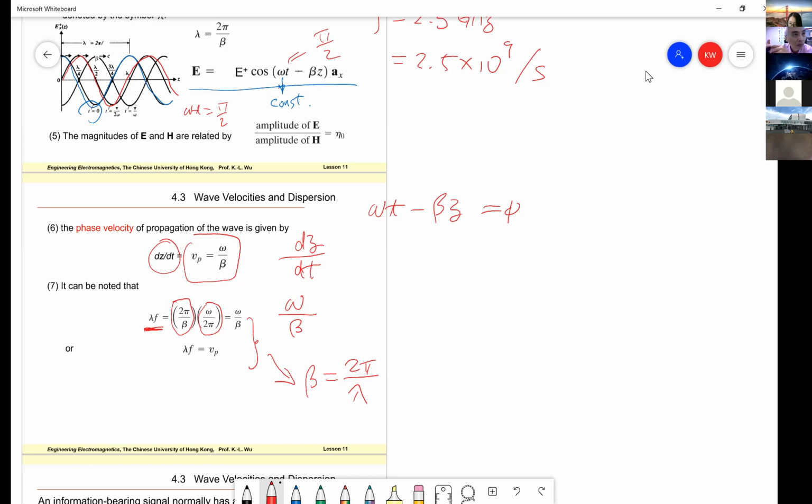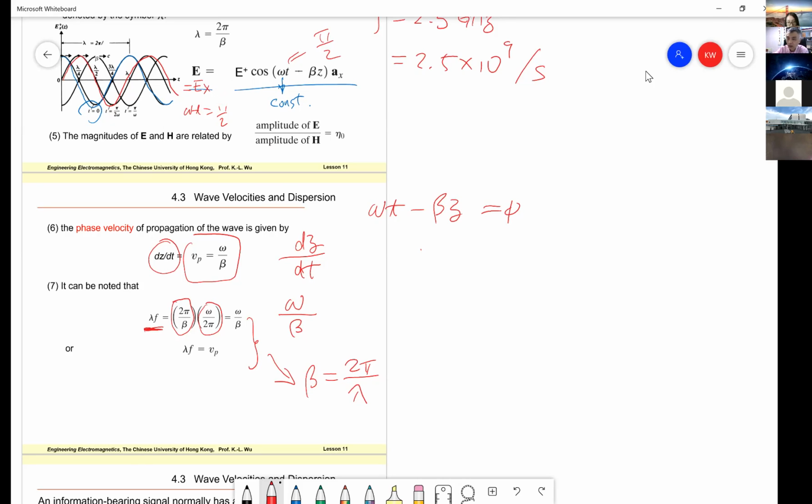One question. So the question is, we are talking about Ex. This E equals Ex and is polarized in the x component, right?